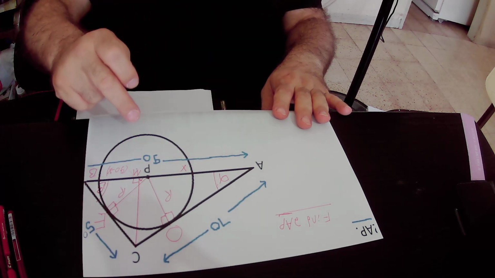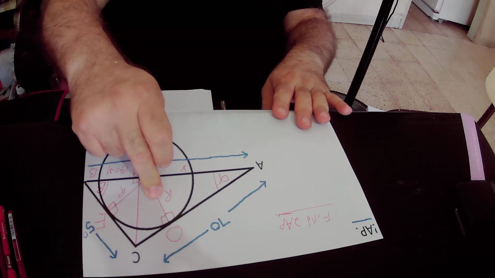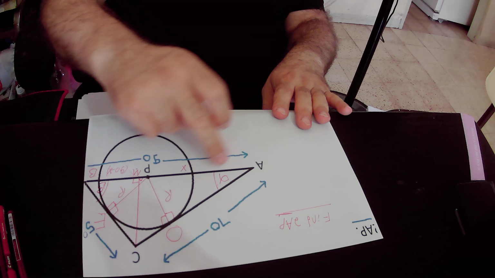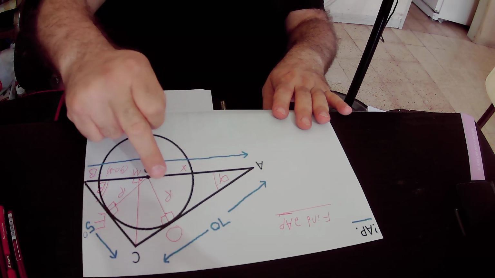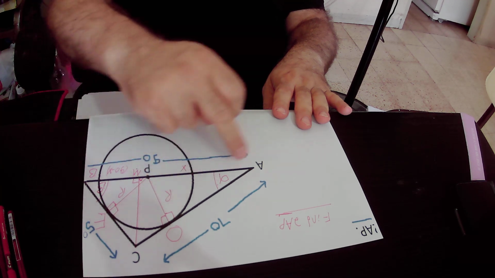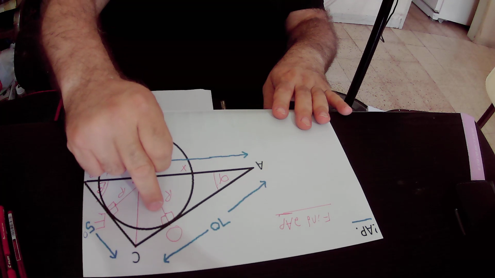For that reason, PO, that is the radius of the circle, is perpendicular to side AC of the triangle. For that reason, angle POA equals 90 degrees and angle POC also equals 90 degrees.